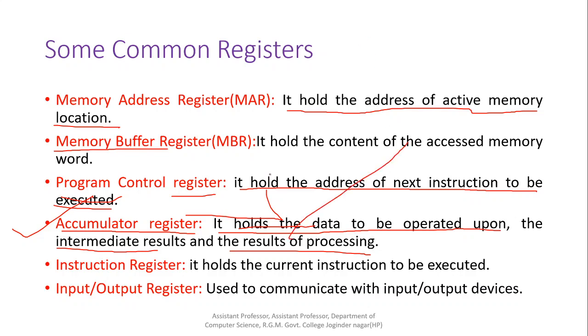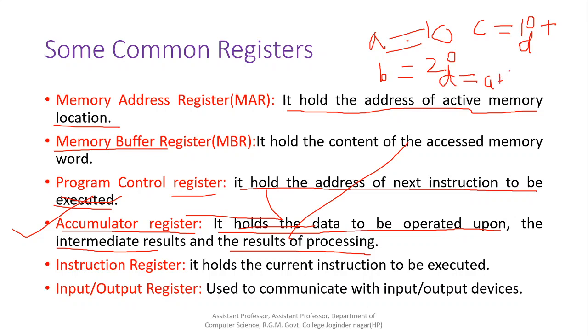Suppose, as an example, we have A = 10 and B = 20, and C = 10 + D, where D = A + B. We have to calculate C. What is the value of C, and what is D?